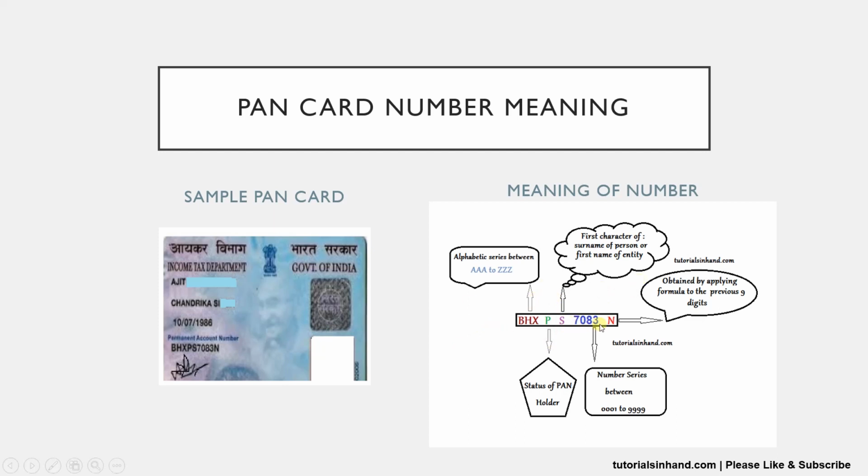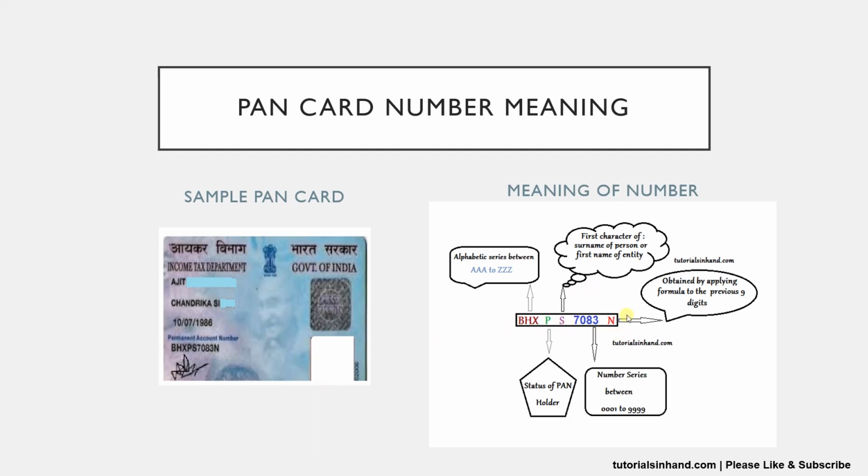Now next 4 digit is a number series between 0001 to 9999. So it can be anything like 1234, 7654 or anything between this series. And the last one, that is N, is actually a check digit that is obtained by applying certain formula on the previous 9 digits, and thus we get this character, and it completes the permanent account number that needs to be issued to this particular person.